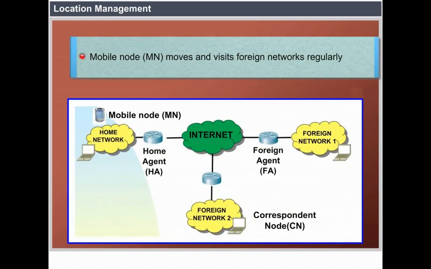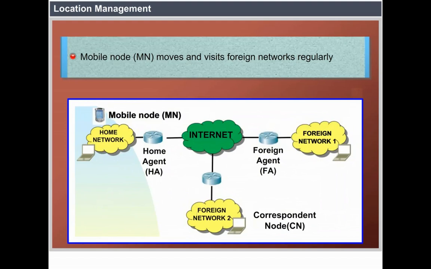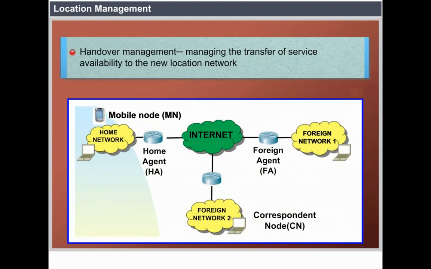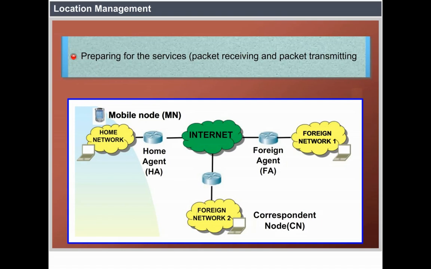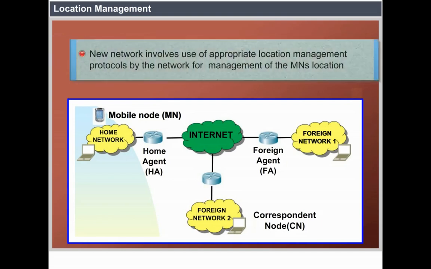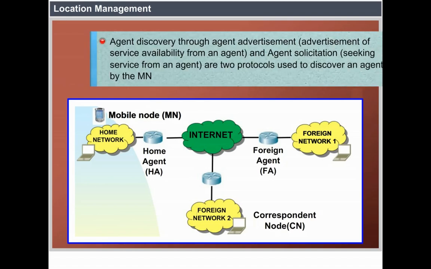Location management. Mobile node MN moves and thus visits foreign networks often. Handover management: managing the transfer of service availability to the new location network. Preparing for the services. Packet receiving and packet transmitting at the new network entails use of appropriate location management protocols by the network for management of the MN's location.